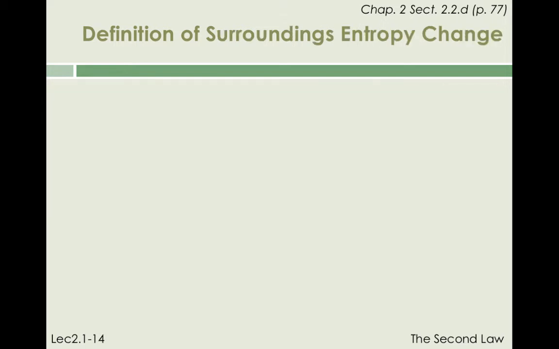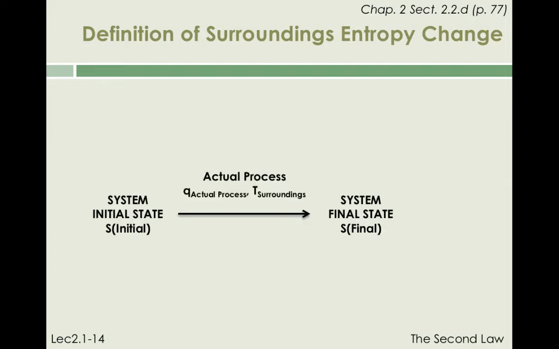Let us now look at the implications of what we just learned regarding the entropy and consider a process that transforms a system from an initial state I to a final state F. The entropy is a state function, so the entropy of the system, which we call S_I, has a well-defined value, and similarly the entropy for the final state, S_F, also has a very well-defined value.